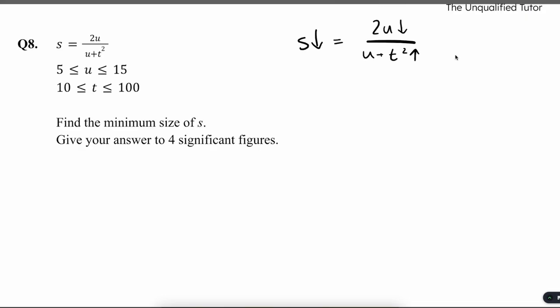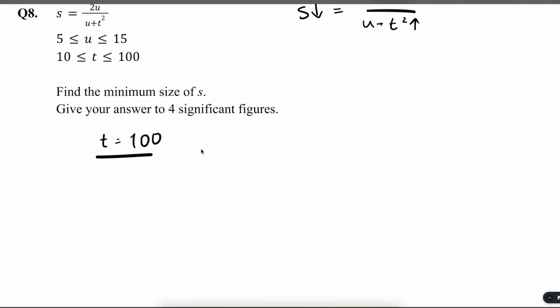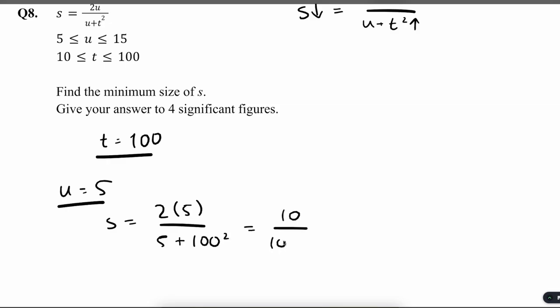We know we need t to be maximum, so t equals 100. Okay, done. We need to find the minimum size of s, so first we try u equals 5. s equals 2 lots of 5 over (5 plus 100) squared. So you get 10 over 10,005.